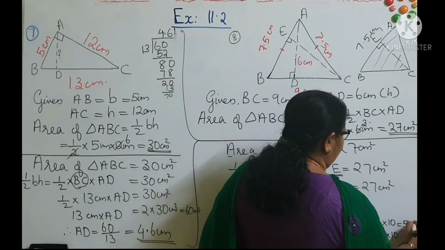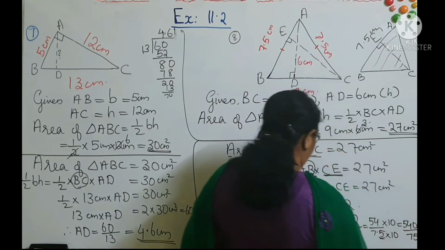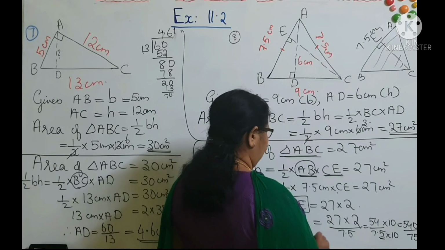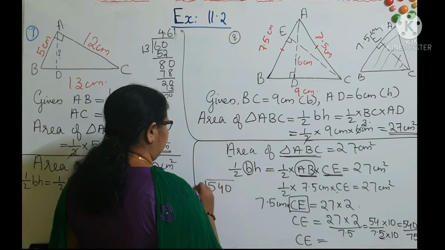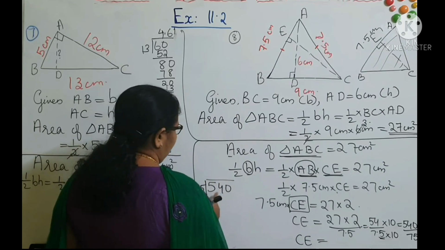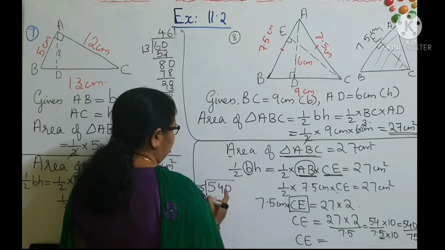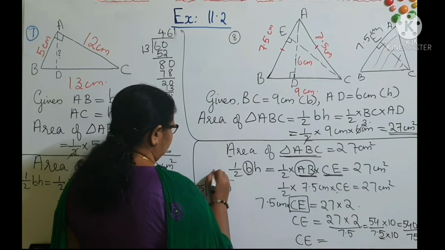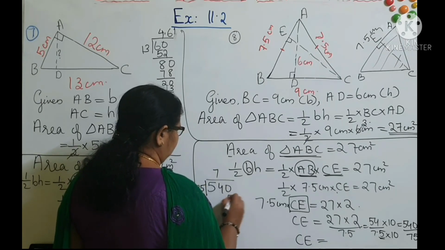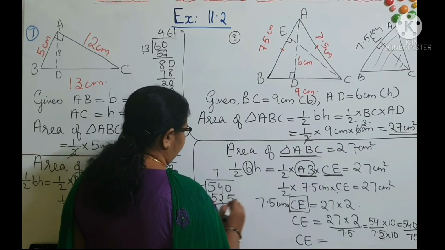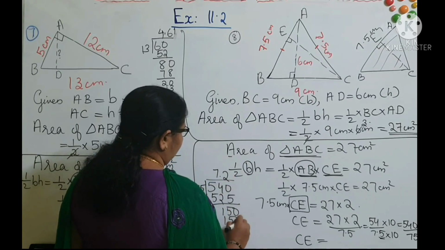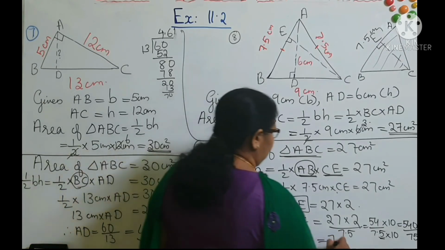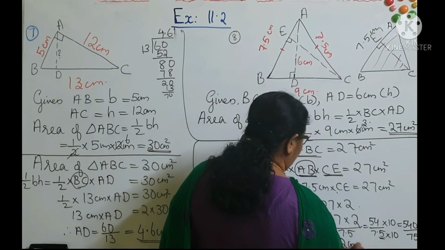That is 540 divided by 75. 540 divided by 75. 525, balance is 15, then 0. So CE is equal to 7.2 centimeter.